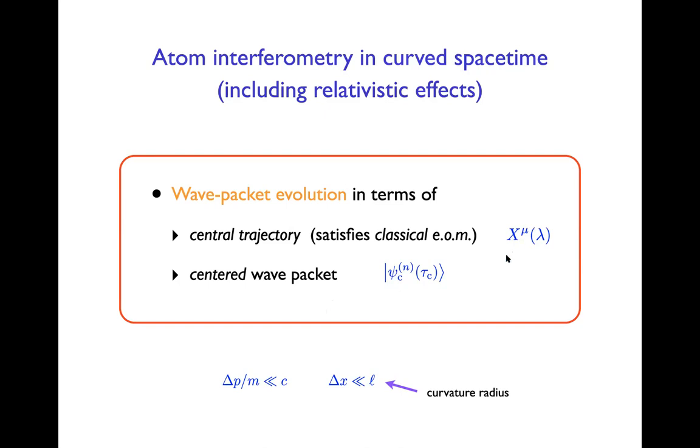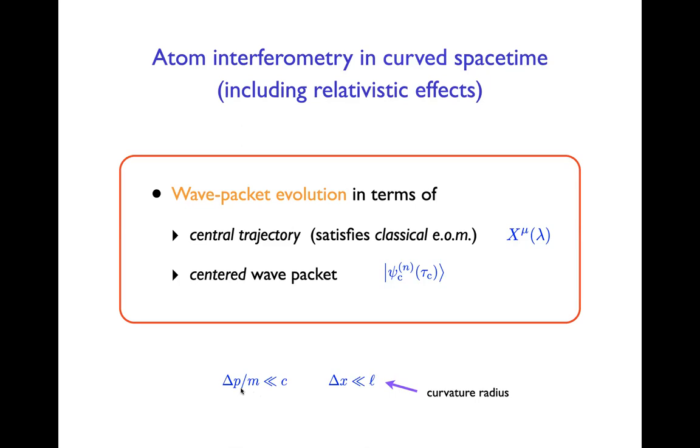And this will work crucially in the case where these two conditions are met. One is that the velocity spread of your atomic wave packet is much smaller than the speed of light. Notice that that doesn't mean the central velocity. So it can still be an atomic wave packet that is moving fast, and those effects are fully taken into account. The only thing that will involve an expansion that we will truncate is in terms of this velocity spread.